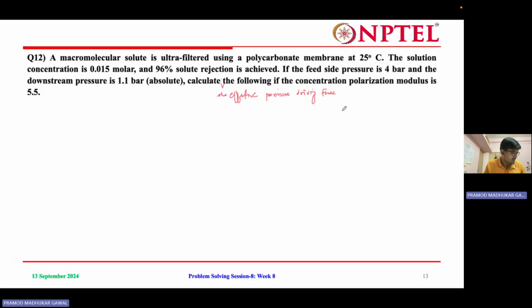Neglect the concentration polarization and calculate the same if the concentration polarization modulus is 5.5. So okay, here two cases.